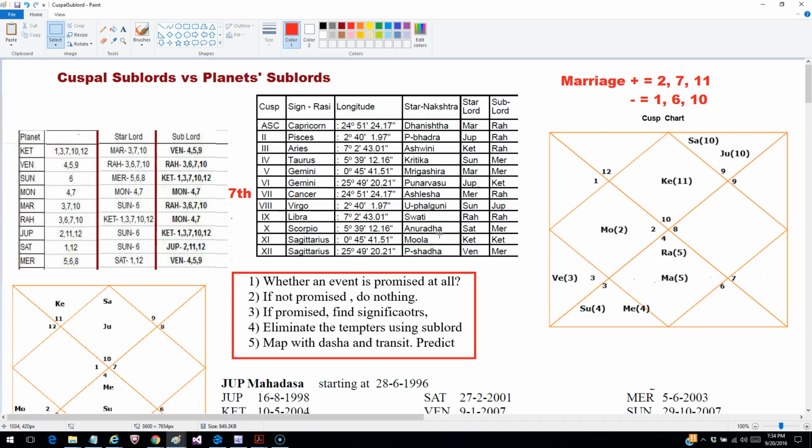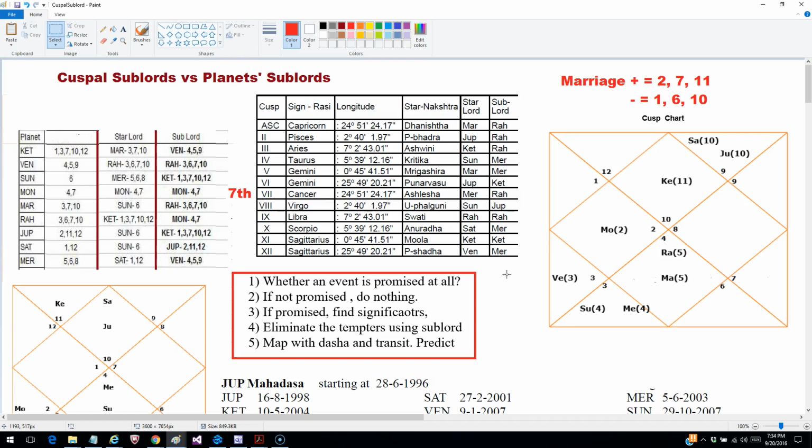And now, the whole Cuspal sublord concept from Krishnamurti is of tremendous significance. But if you want to see the real magic of these Cuspal sublords, then I would recommend that you go for the Krishnamurti horary, or the query horoscope, where you're sure about everything, the time of query and the place and everything.